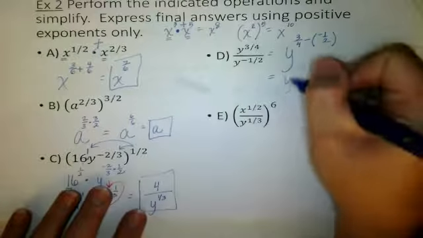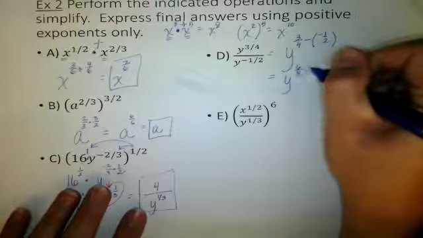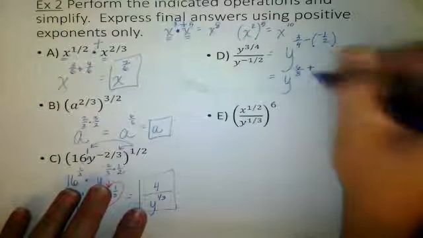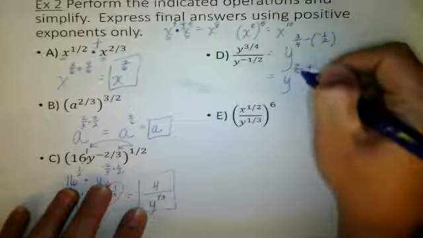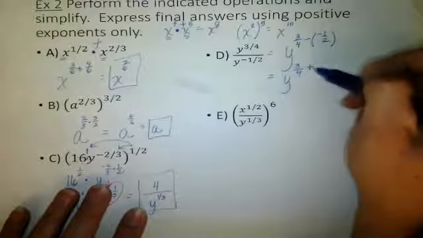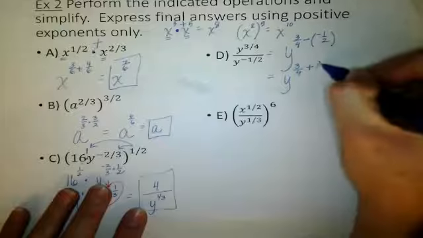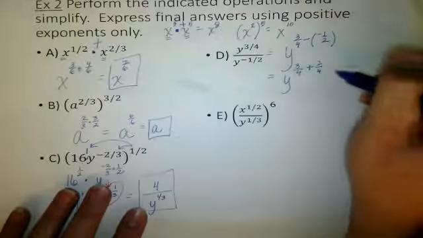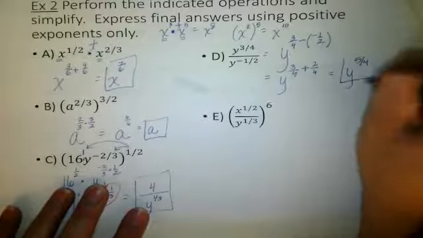Common denominator. So that's going to be 6/8. Oh, it could be 4. Oh, thank you. You guys are so smart. 3/4 plus, why plus? Yeah, minus the negative is positive. 3/4 plus 2/4 is y to the 5/4.